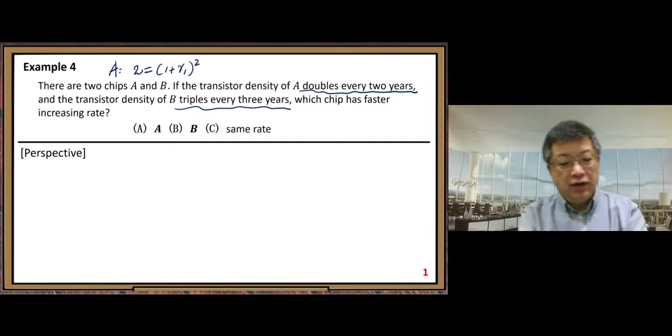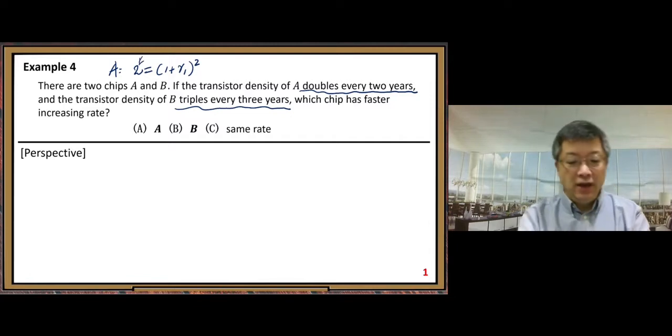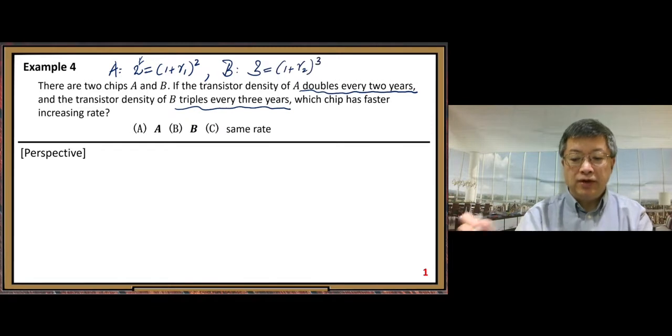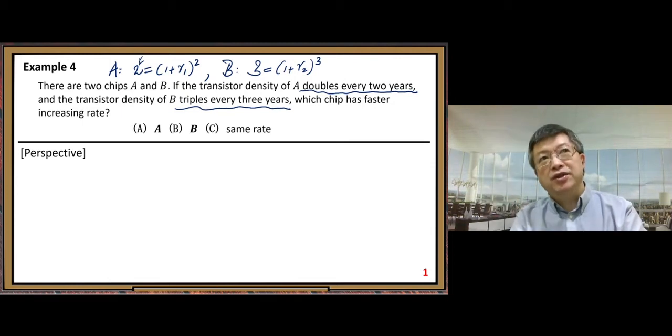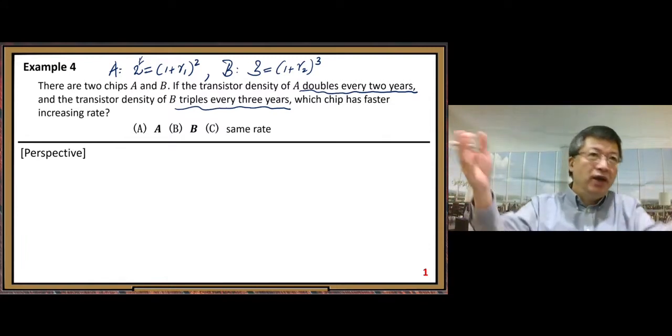For B, it triples every 3 years, so 3 equals 1 plus R2 over 3 years. Then calculate R1 and R2, and give the answer. It's okay. You can get a correct answer.